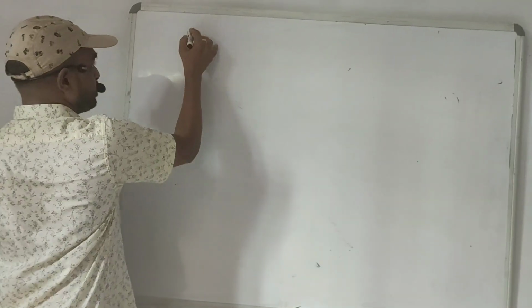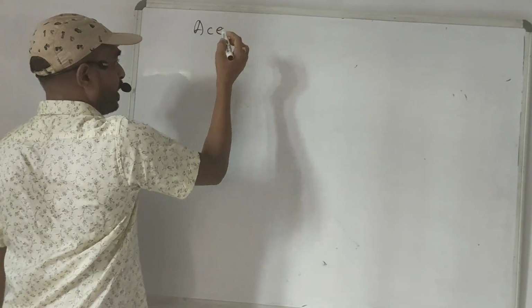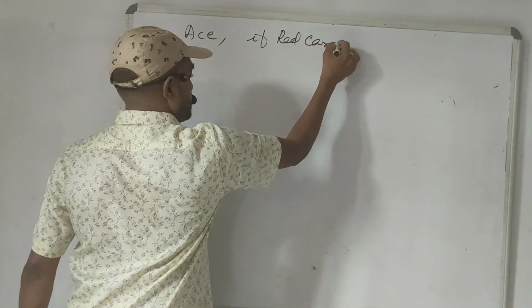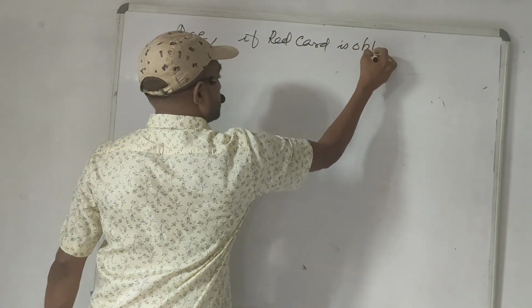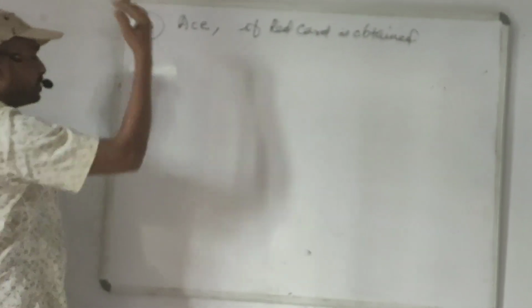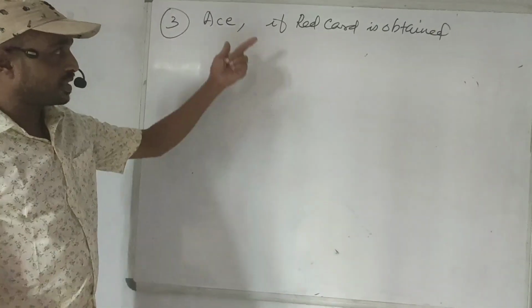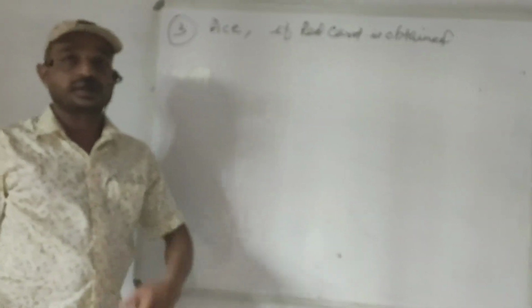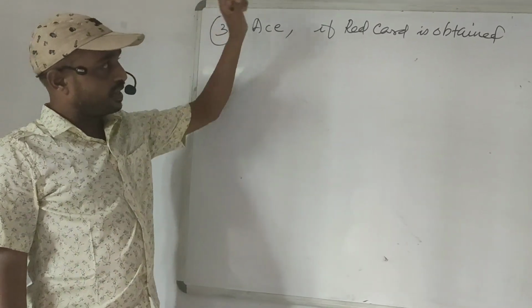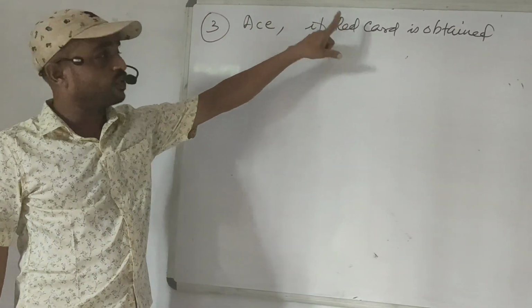Then what is the probability of obtaining an ace if a red card is obtained? It will be a third problem. During the random experiment of drawing a card from a well shuffled pack of cards, if a red card is obtained, what is the probability of obtaining an ace?